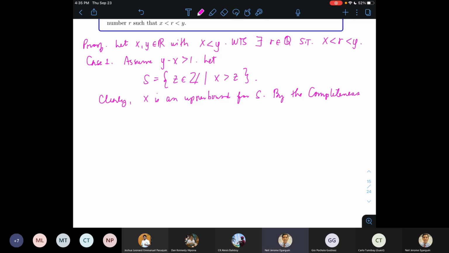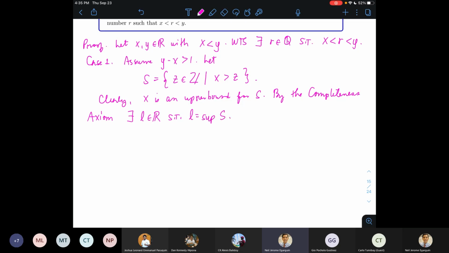remember from now on when I refer to the completeness axiom, I mean the LUB property. Okay? Or minsan pagbabaliktarin ko yung terms, pero pag completeness, laging LUB property dapat. Okay? Yun yung dapat nasa isip nyo. So by the completeness axiom, there exists an L in R such that L is the supremum of S. Okay.